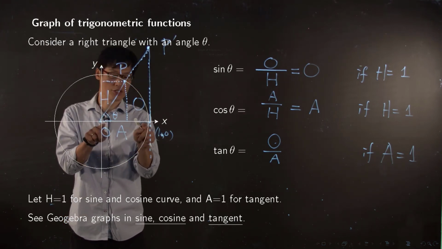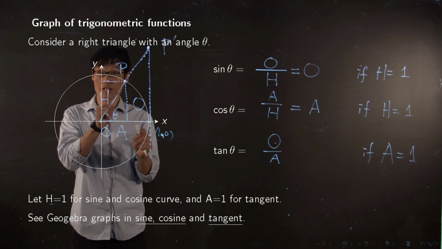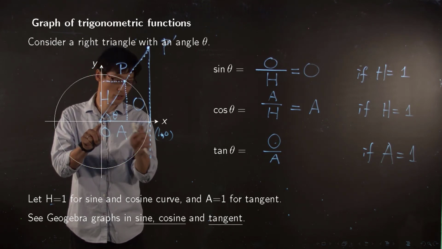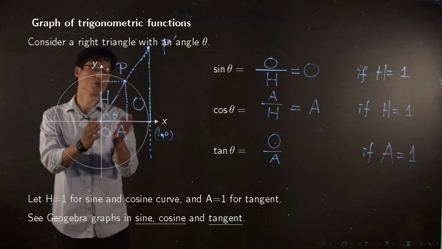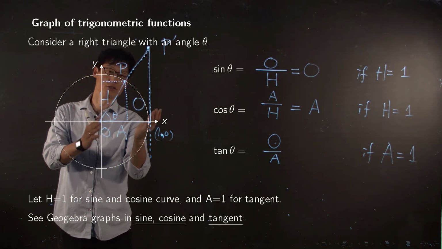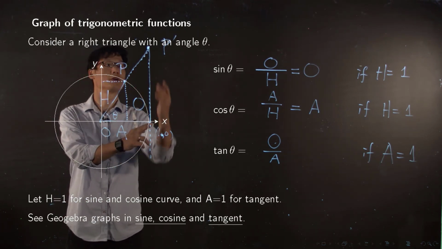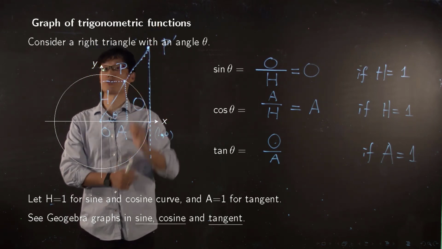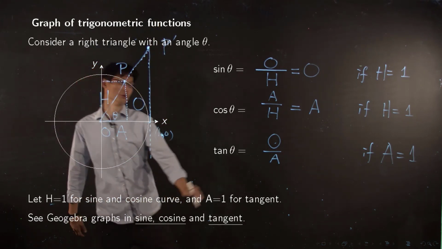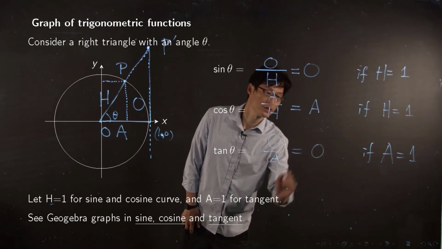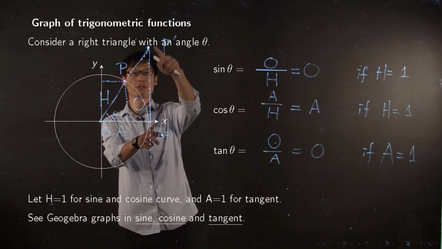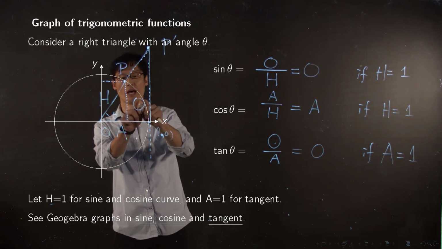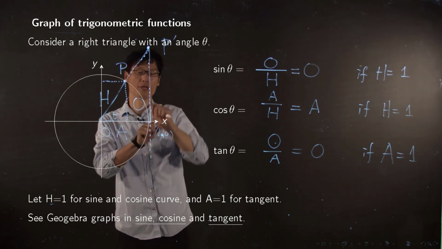So this adjacent is fixed by the line segment from the origin to 1, 0. Then as the angle grows, your triangle changes so that this height grows and so on. In that case, you take opposite, not this opposite, but this opposite, say O prime.